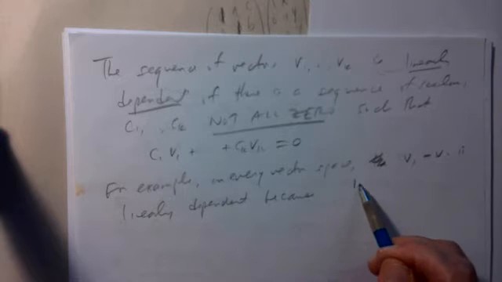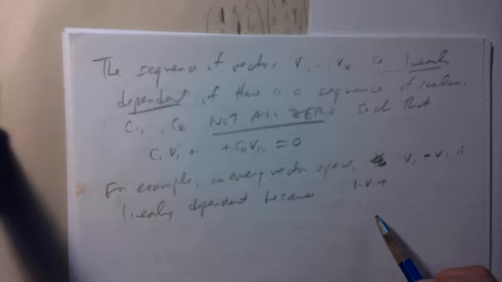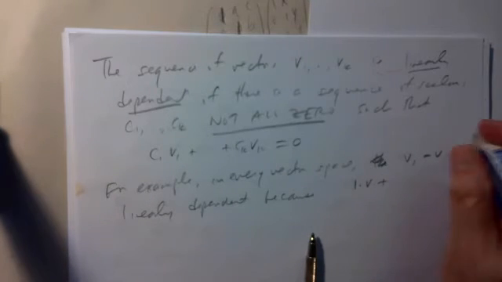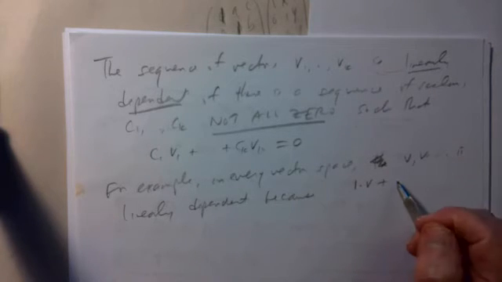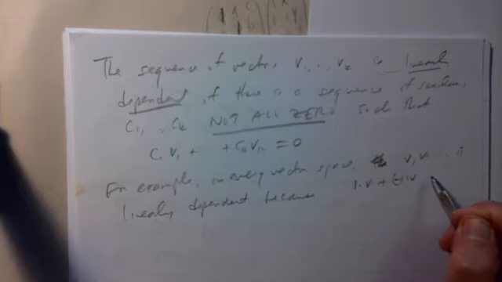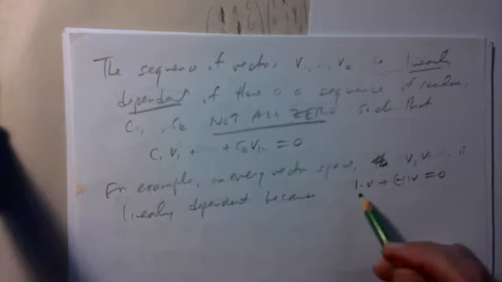These are the same vector, right? But it's a sequence. So 1 times v plus minus 1 times v is the 0 vector, and these scalars are not 0.